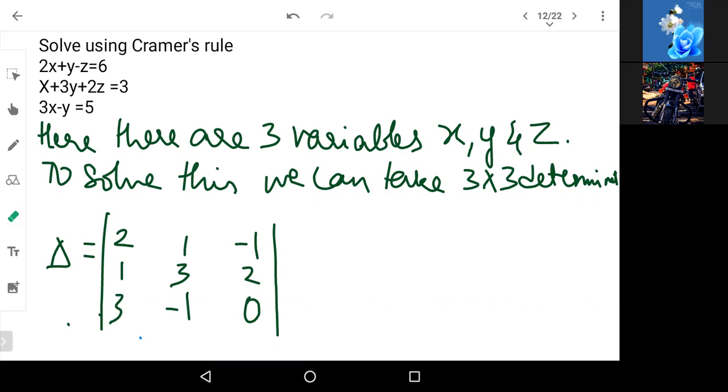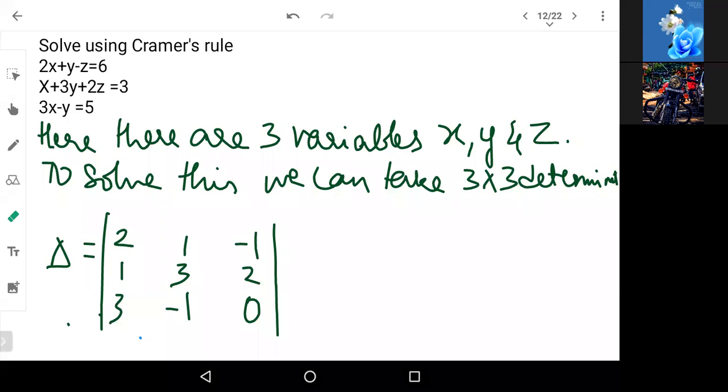Yeah, correct. Everybody is giving the correct answer. Now say me, how do we solve the 3 into 3 determinant? Let's see who all can answer. Plus, minus, plus.